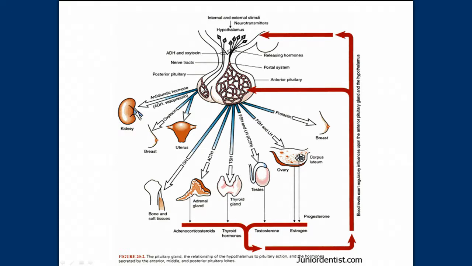That means the nose would be over here and the back of the head over here. This is a neat graphic in that it shows you the function of the anterior pituitary gland, what it releases and its target cells, and then the function, what it releases and the target cells of the posterior pituitary.